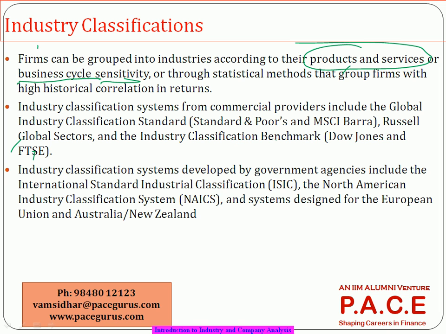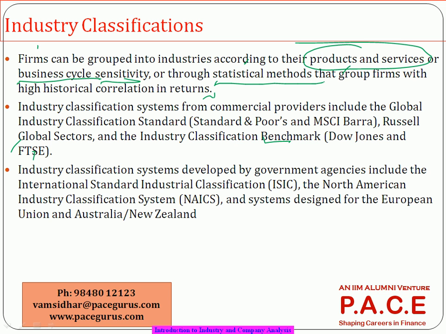And sometimes people have started even using statistical methods to define the industry, where more or less all the companies are growing at the same rate every year. Those companies, irrespective of what products they are selling, we group as one industry, where the growth patterns are more or less the same. So there are multiple definitions and derivations associated with the industry.